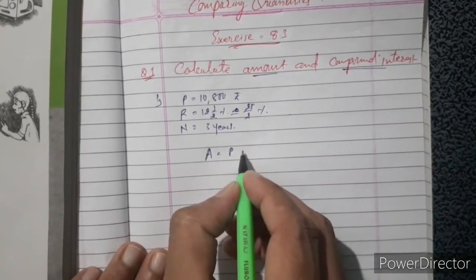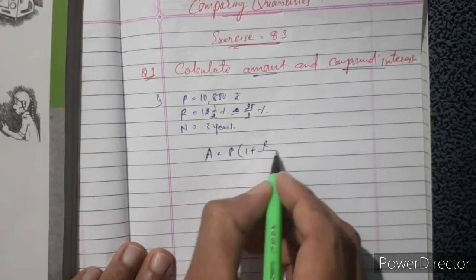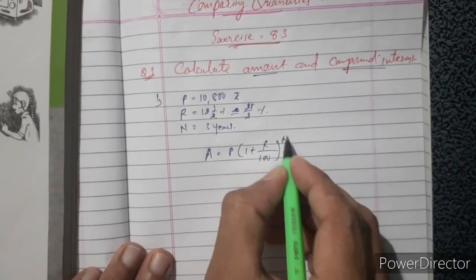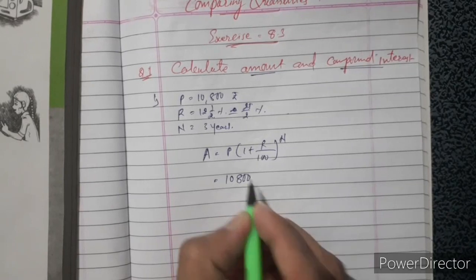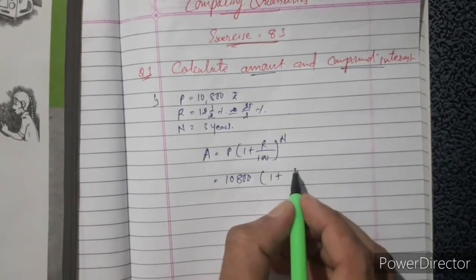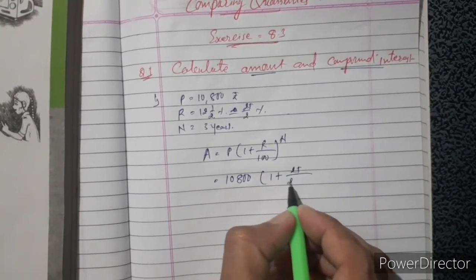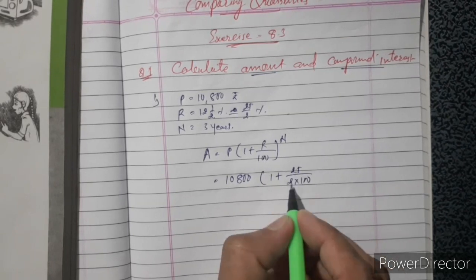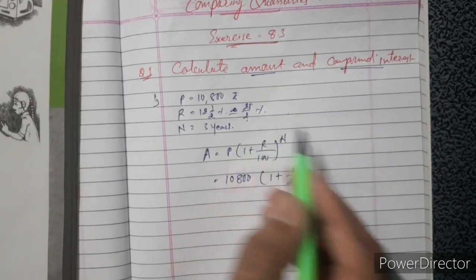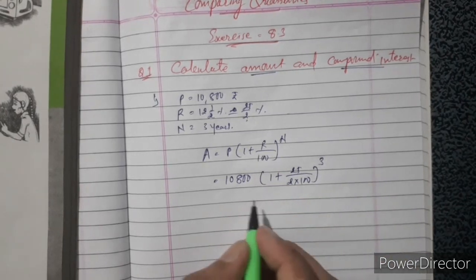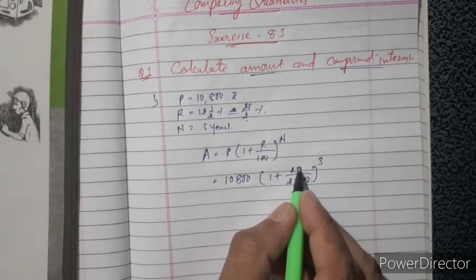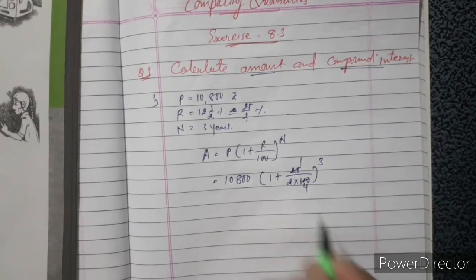Amount A equals P into bracket 1 plus R upon 100 raised to n, that is 10,800 into bracket 1 plus 25/2 into 100, raised to n equals 3. Here 25 ones are and here 25 fours are.